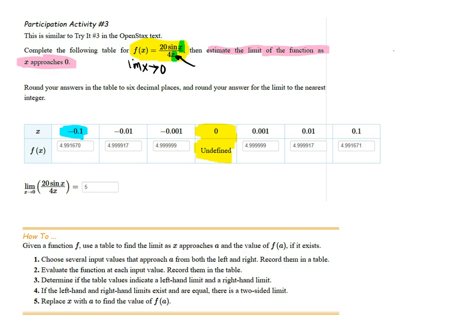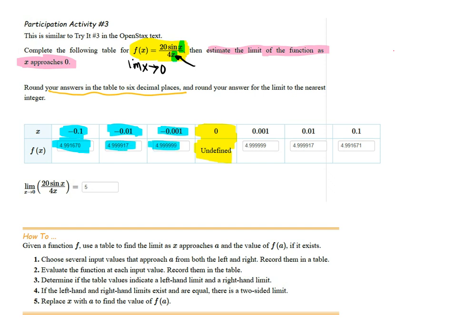So I grabbed my calculator, I took 20 times the sine of negative 0.1 and divided it by 4 times negative 0.1, and it does say round your answers in the table to 6 decimal places. So for that first one, I got this. And then I plugged in the next value and the next, and I got this number and this number.